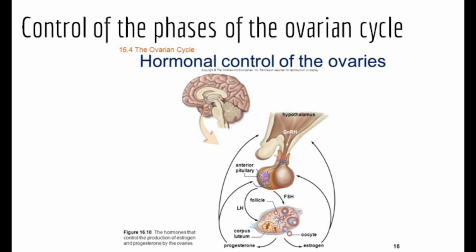Both of these exert feedback control. The feedback control regulates the relative amount of estrogen and progesterone in the blood.